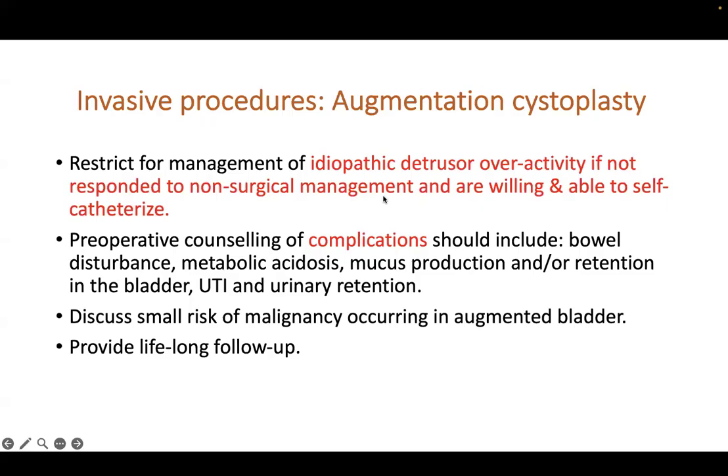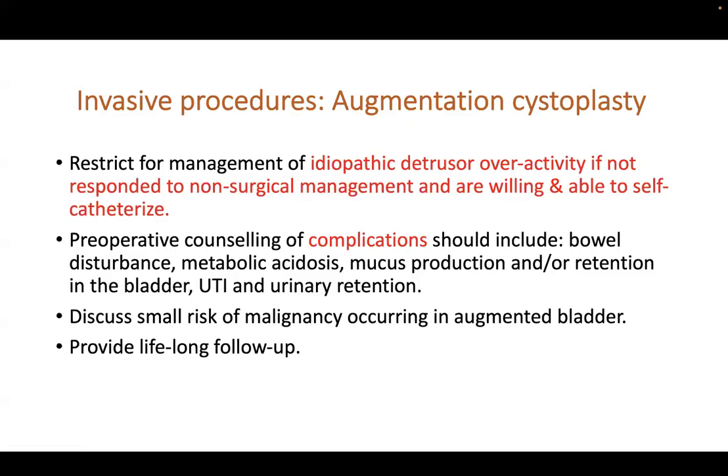That is augmentation cystoplasty: the bladder size is increased by adding a portion of bowel. The guideline says to restrict it for management of idiopathic detrusor overactivity if the patient is not responding to non-surgical management and is willing to or unable to self-catheterize.